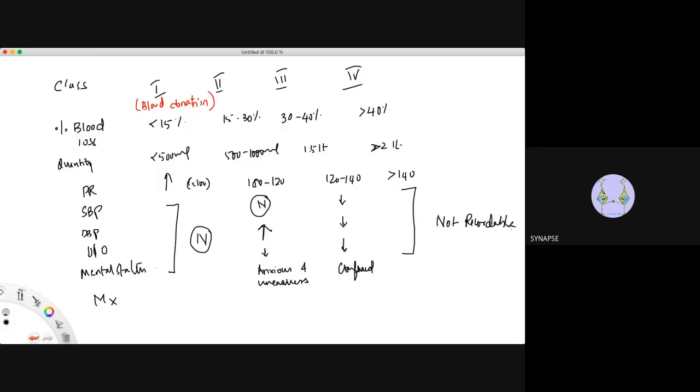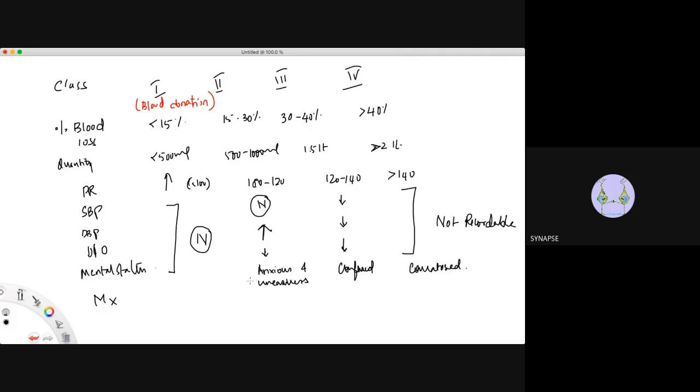This is quite often what you see in your casualty posting or your trauma setup, your emergency posting, that a patient comes with polytrauma, severe trauma, and you're not able to feel the pulse, no BP recording. When you put your pulse ox, you're not able to even get the oxygen saturation. And here the patient will be in a comatose state, not arousable. This is the extreme version of shock.